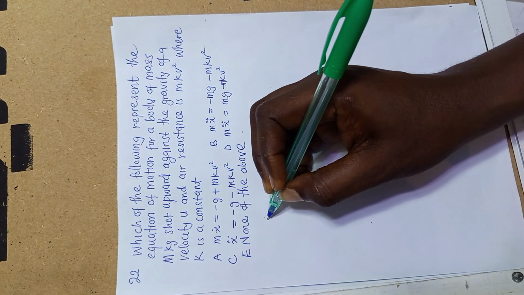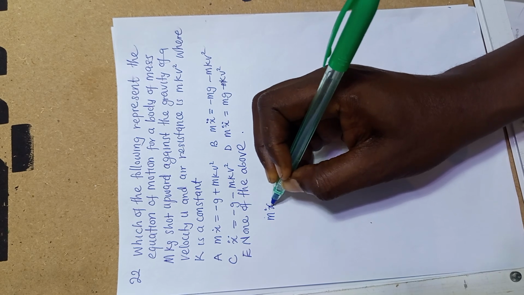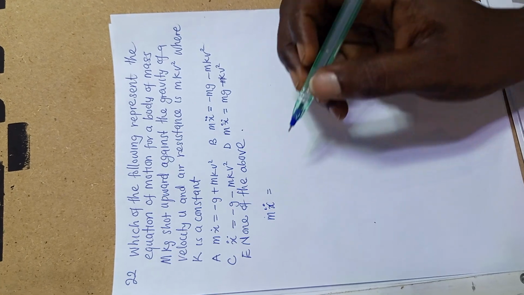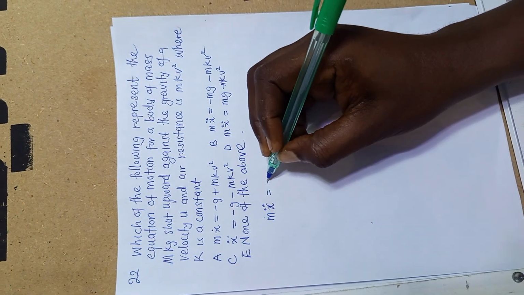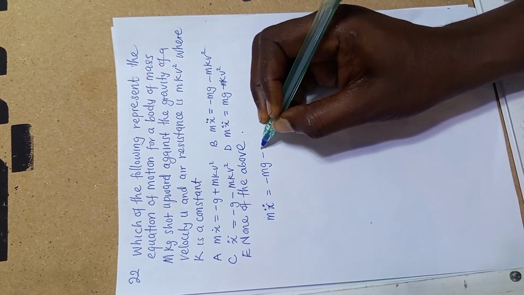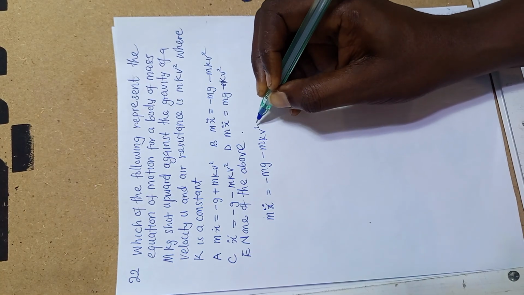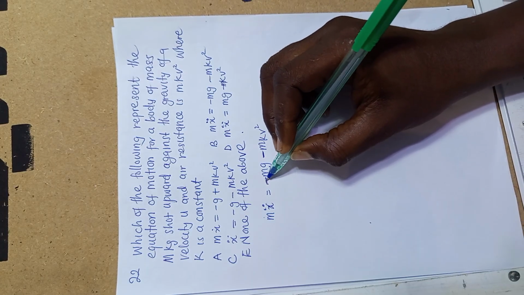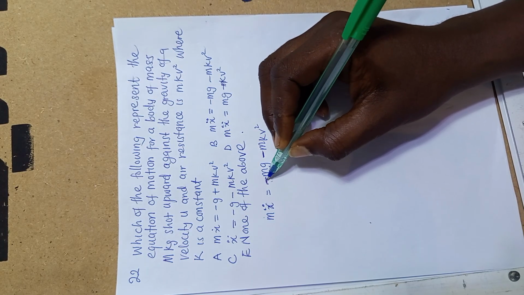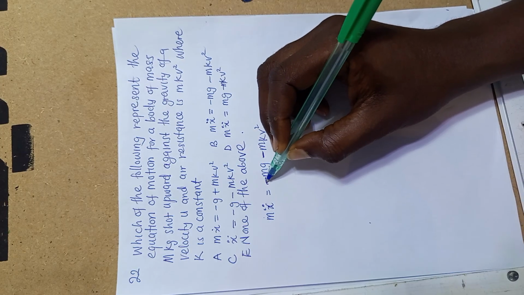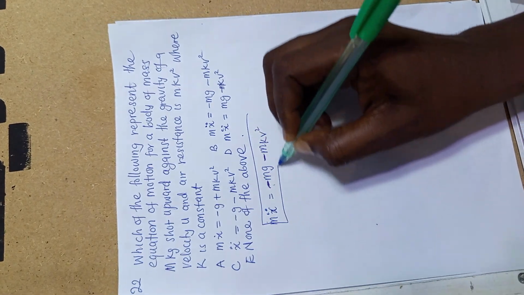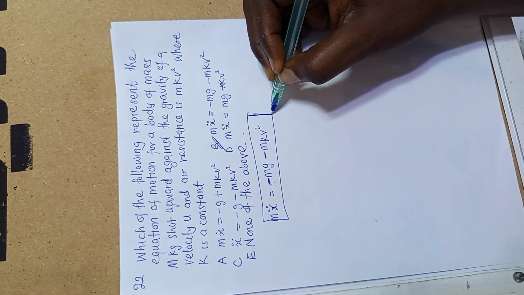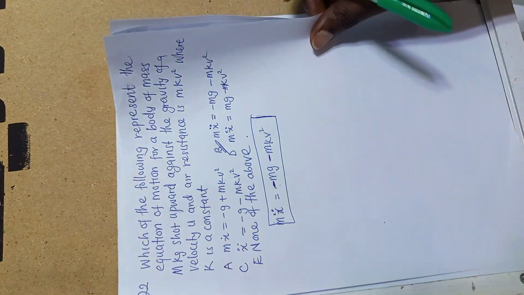Anytime it's shot upward, m x double dot should be equal to minus mg, then minus mkv squared. So resistance must carry minus. This one is minus if it's going up, or plus if it's going down. So towards gravity plus, against gravity minus. So this will be your answer. So this is the dynamic equation for this statement.